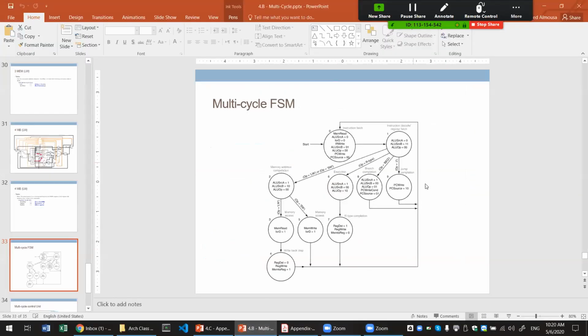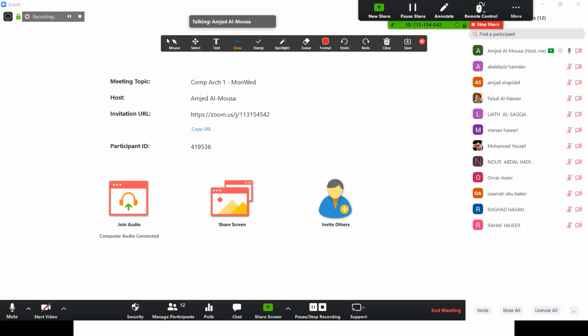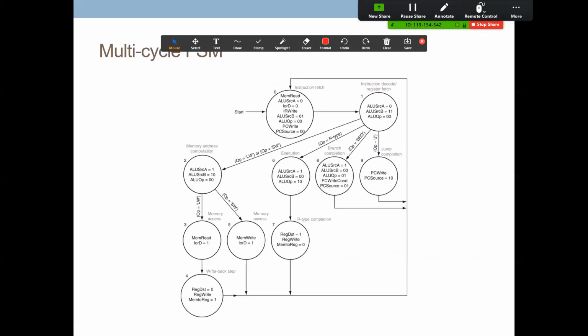Okay. Now this is the part where you need to be a bit alert: we now want to see how we generate all these control signals for the different states. As we said, this is actually a state machine and I transition from state to state.